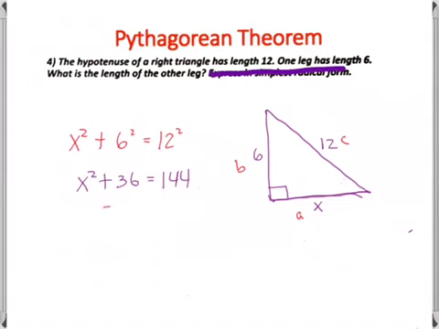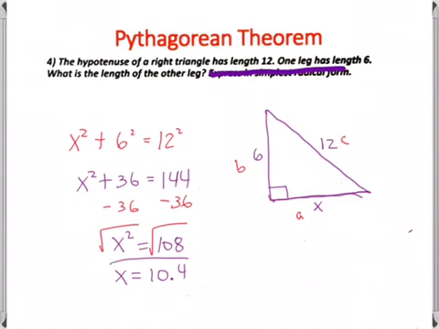To solve this, we'll subtract 36 from both sides. And we get x squared equals 108. Our last step here will be to square root both sides. And this should give us x equals 10.39, or 10.4 if you round.